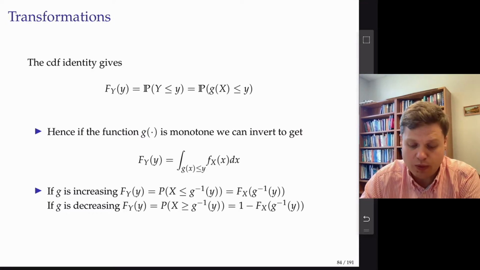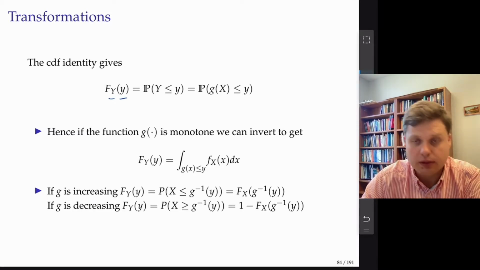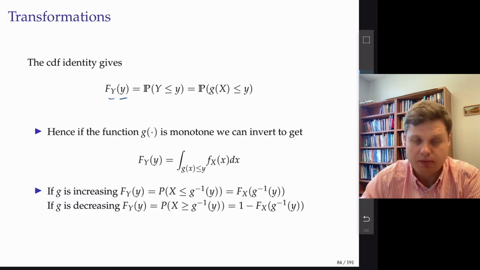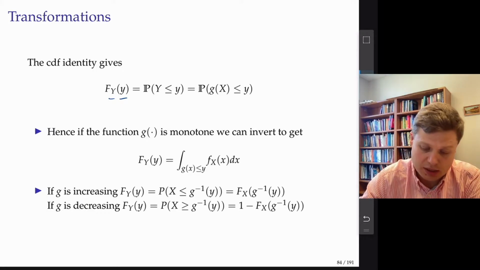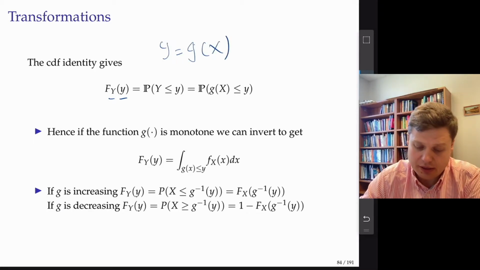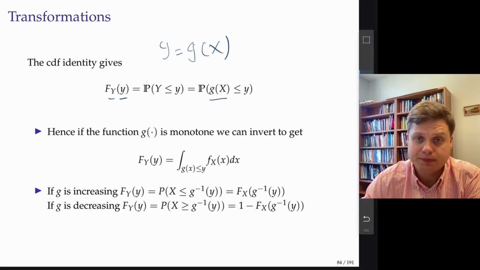Let's say we have a random variable capital Y, and the cumulative distribution function of small y is the probability that the random variable Y is less or equal than y. And let's say Y is the transformation of another random variable X. Then it's just the probability that g of X is less or equal than y.